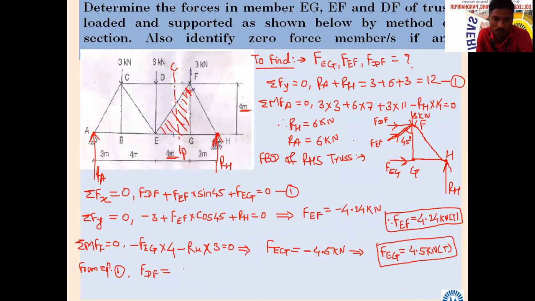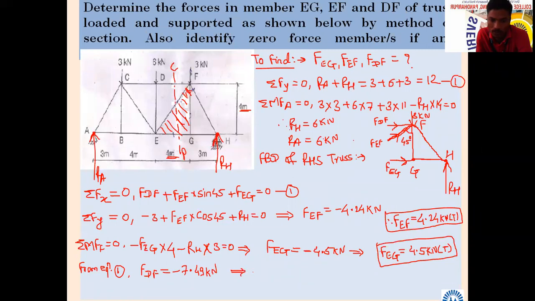That also is going to come negative. ही सुद्धा तुमची निगेटिव्हच व्हॅल्यू येणार आहे आता. Minus 7.49. F_DF is equal to minus 7.49.